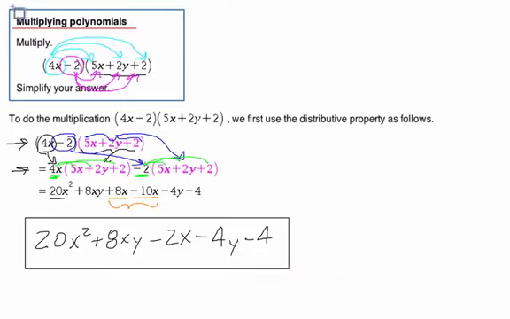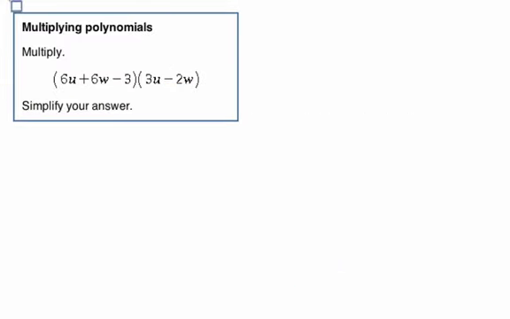Okay, here's another example. Now in this one you'll notice that the trinomial is written first. That's okay. It doesn't matter whether you decide to take each of these and multiply individually, like so, 3 little parts, or vice versa, because it all works the same way.